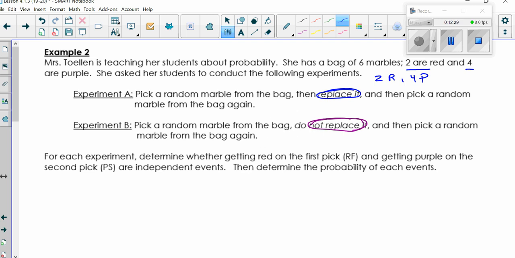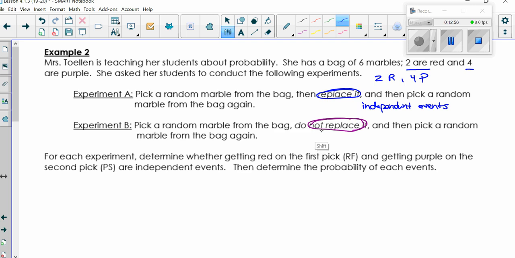So if you picked a red the first time, put it back, you have just as likely of a chance of picking red or purple the second time. So when this happens, when we replace it, this is called independent. So these are independent events, meaning picking your second marble is independent of the first marble because it doesn't matter what you picked because there's still the same total in the bag.